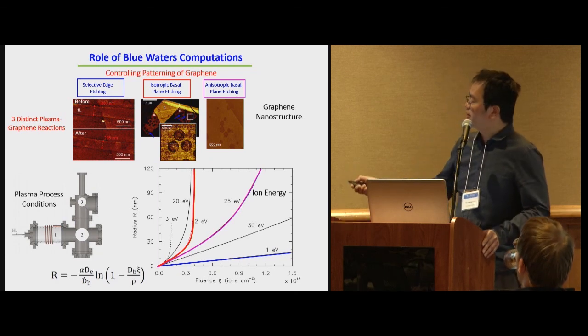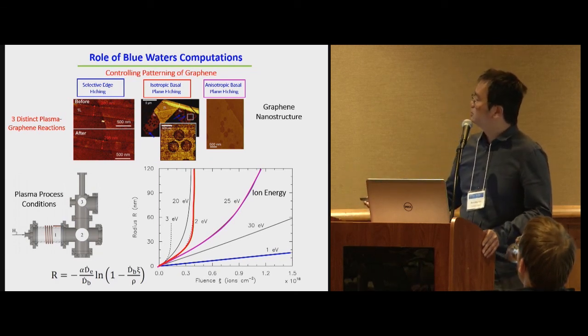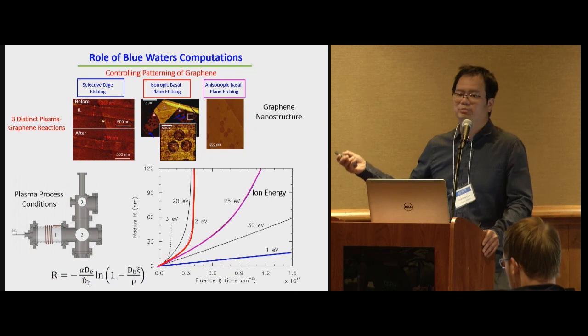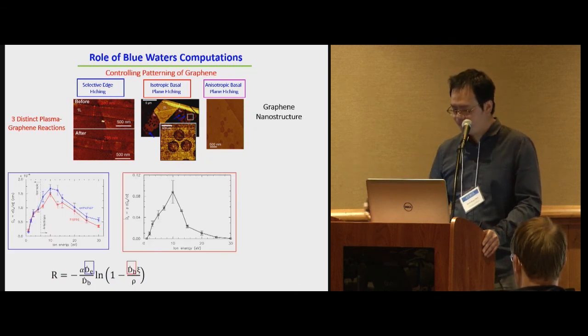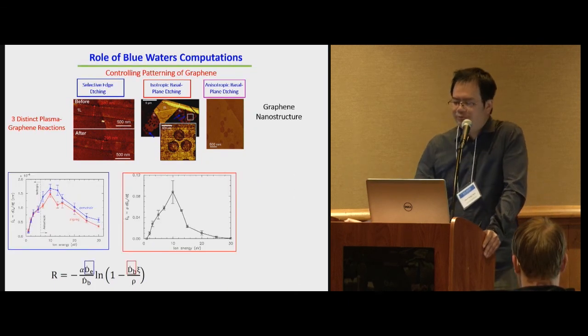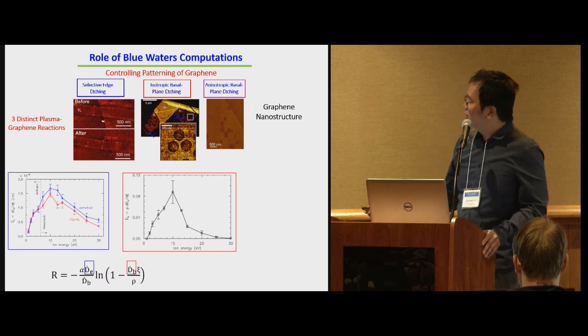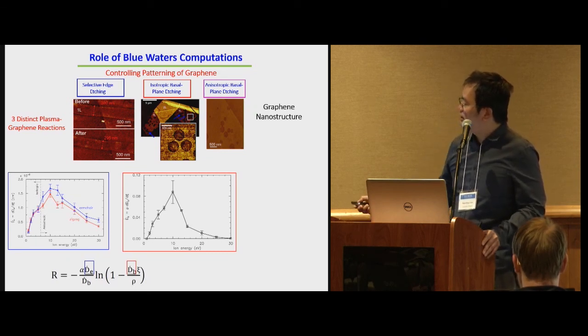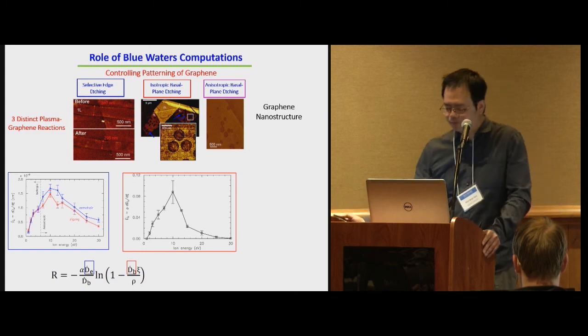So we are able to link the plasma process conditions to the actual microstructure that can be produced in this process. Now, where Blue Waters comes in is in the computations of the basal plane etching rate and the edge etching rates. Essentially, dE dot and dB dot in this simple equation.